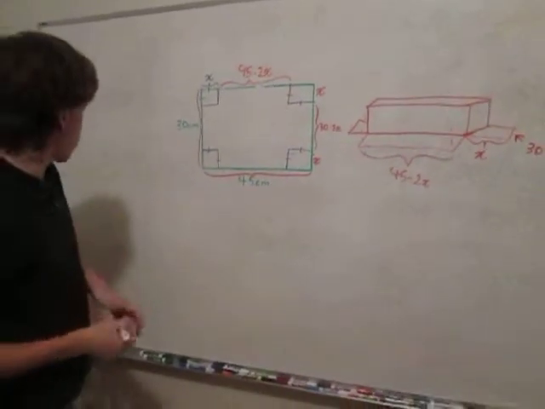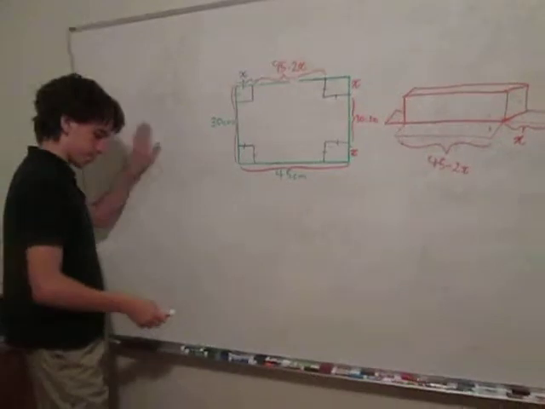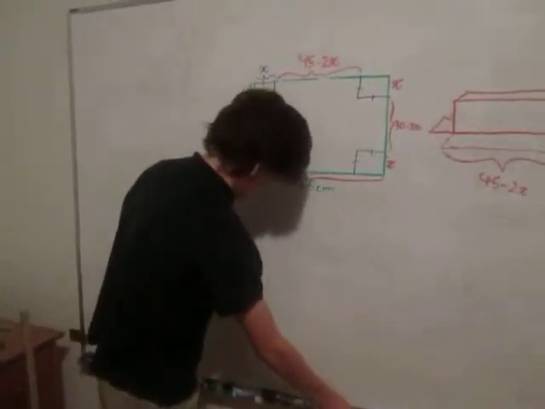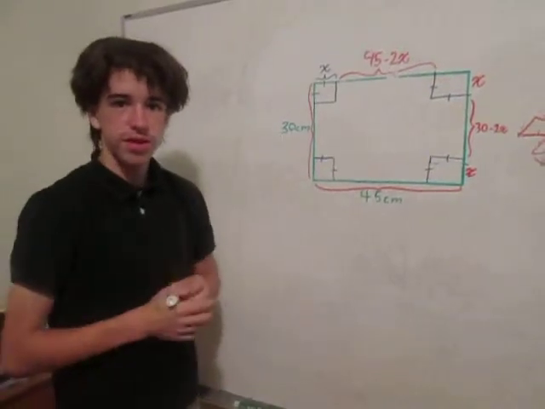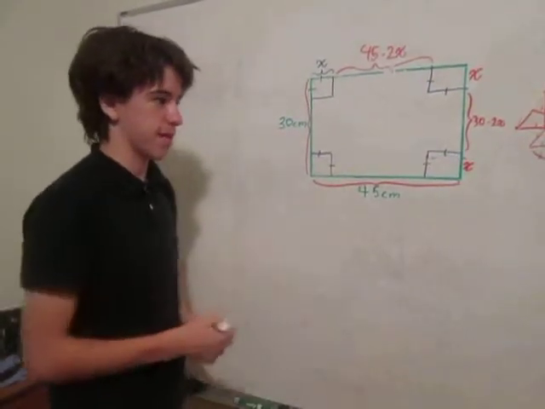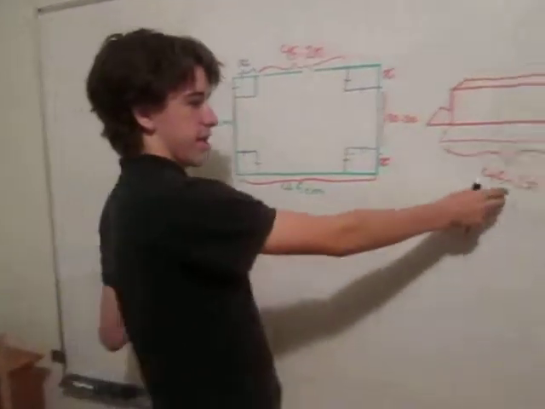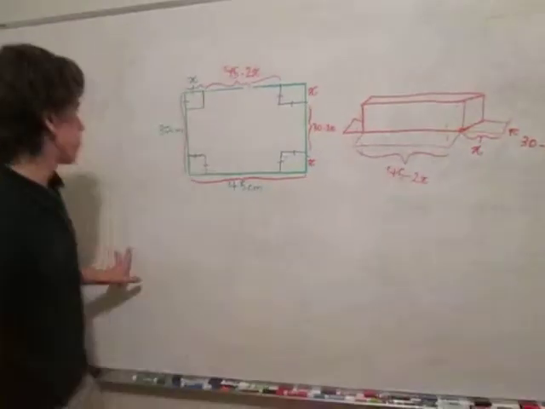So, how do we find the volume? If you come over here. So we have, right, length times width times height. So, as we see, our length is 45 minus 2x.